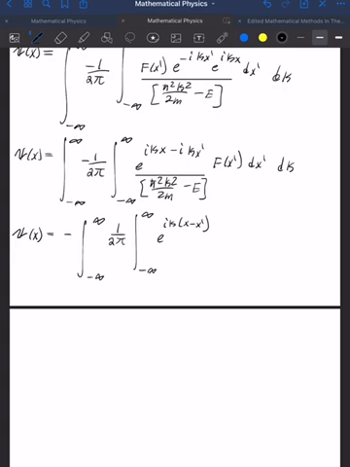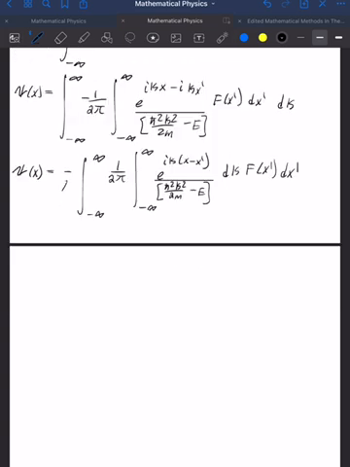So e to the i k (x minus x prime) over h bar squared k squared over 2m minus E, dk, f of x prime dx prime. What we can do, let's move this negative down into the denominator here, just for compactness.